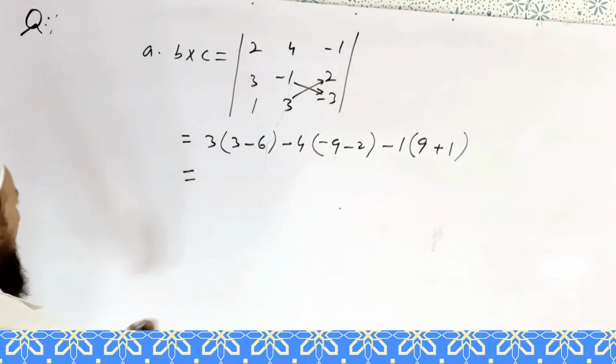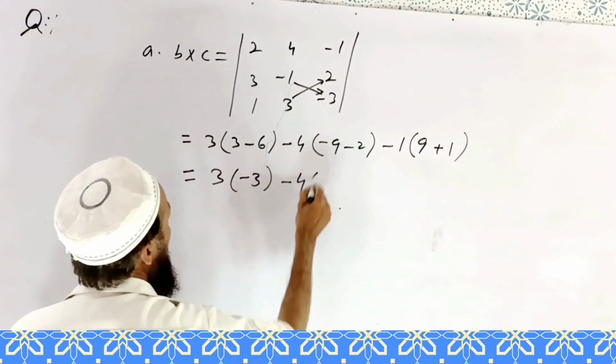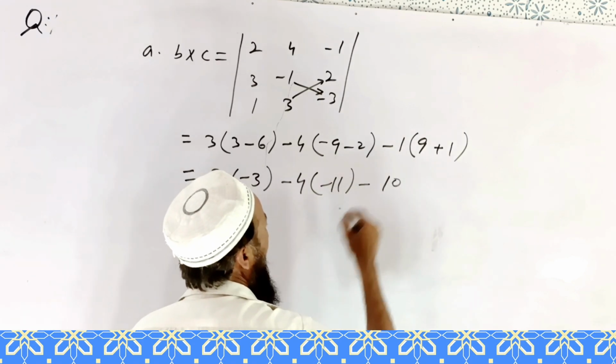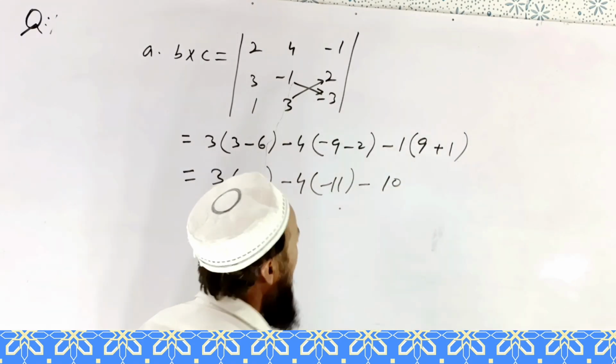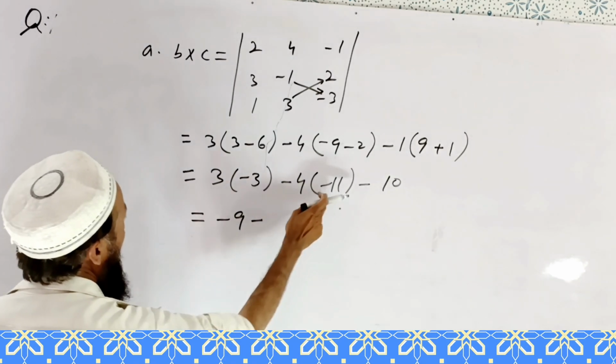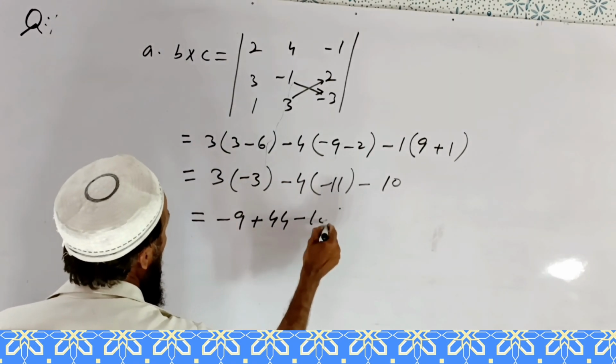Expanding this, we get 3 minus 6 minus 3, minus 4, here minus 11, and plus 10, 9 plus 1 is 10, and 10 multiplied by 1 is 10. And here minus into minus is plus 44 and minus 10.